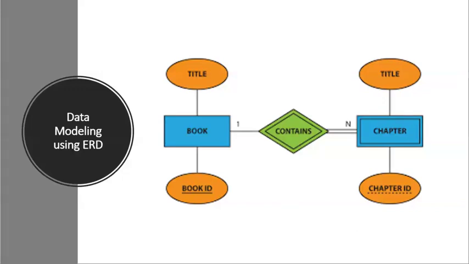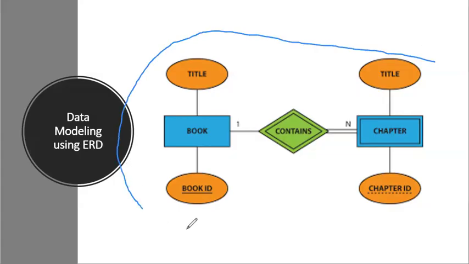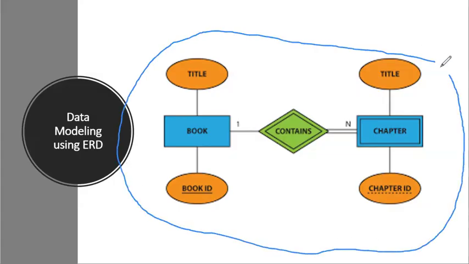Okay, so when we talk about data modeling in practice, the main tool we use is the entity relationship diagram, which we are seeing here, or ERD. Now the ERD is a visual representation of the data in an information system. What it is showing us here are three key things.